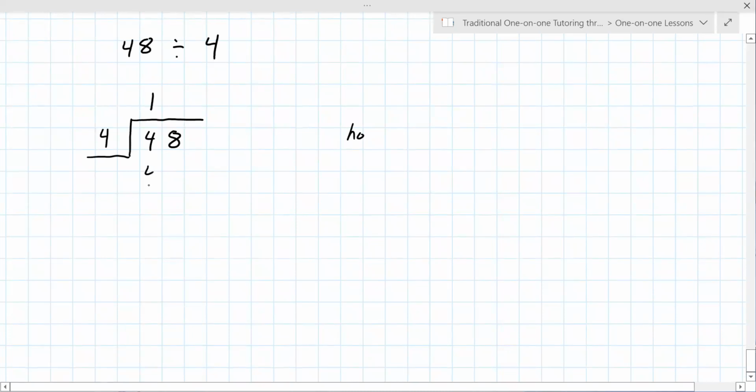Okay, so put a 4 down here and you subtract. Now what number do you bring down? 8. So you ask yourself, how many times does 4 go into 8? 2. Then you multiply the 2 and the 4 and you get 8.